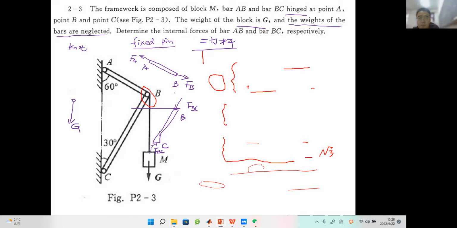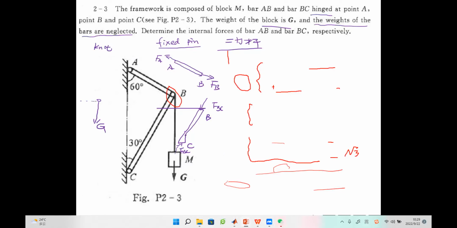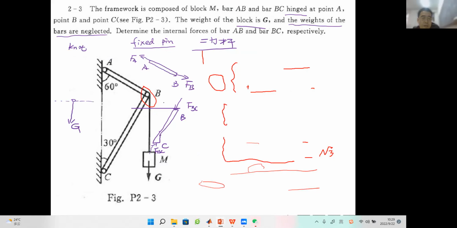If this BC is the 二力杆 pushed at point B, we can think that this force is pushed by node B onto BC at point B. So if this node pushes BC, then BC will have a reaction force along the same direction.